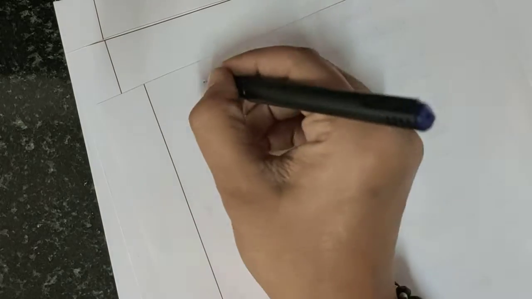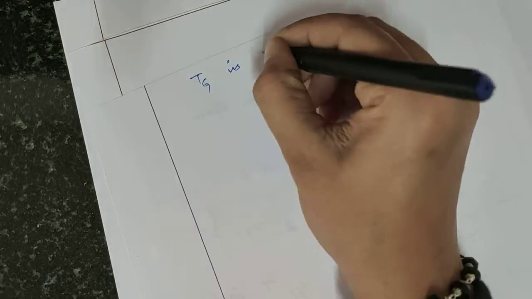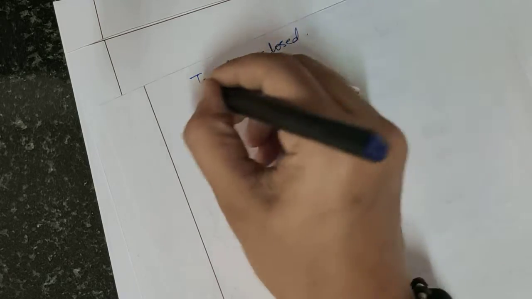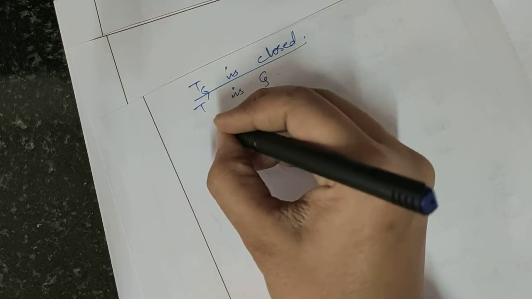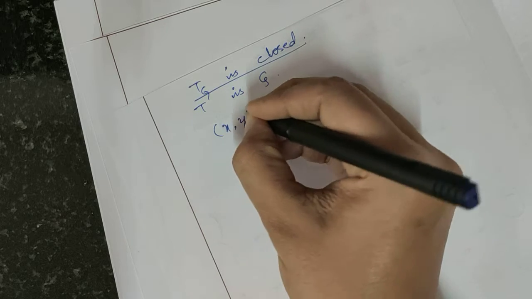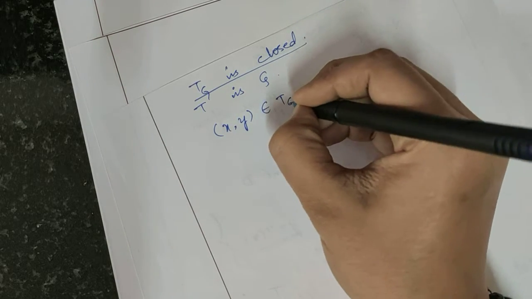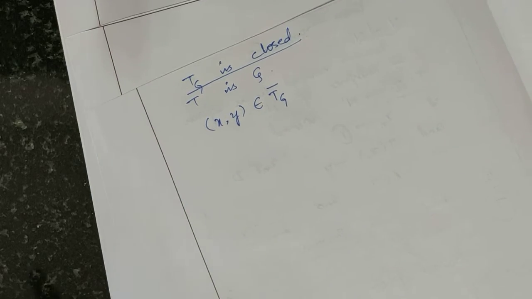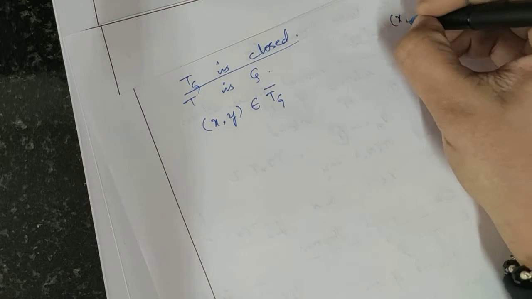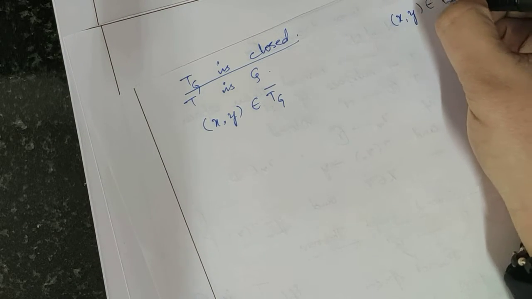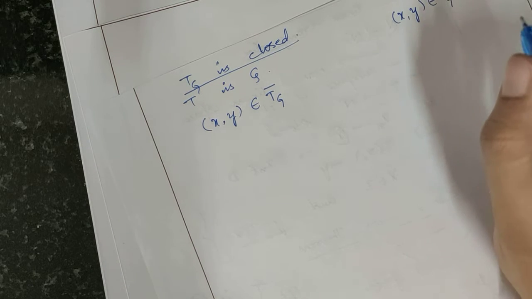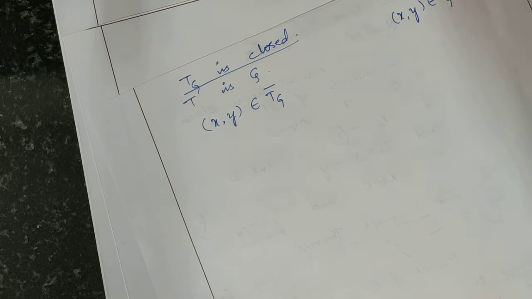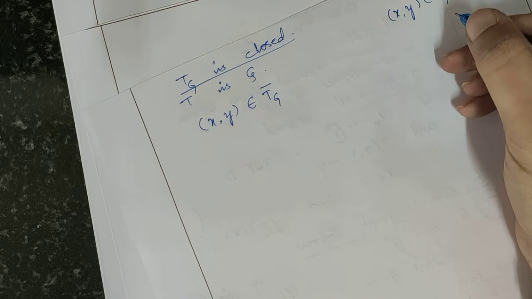So now in order to prove TG is closed, the data they have given is T is continuous, right? So now I will consider a point, say x comma y, and it belongs to TG closure. If I prove x comma y belongs to TG, then I can say that TG is closed, right?